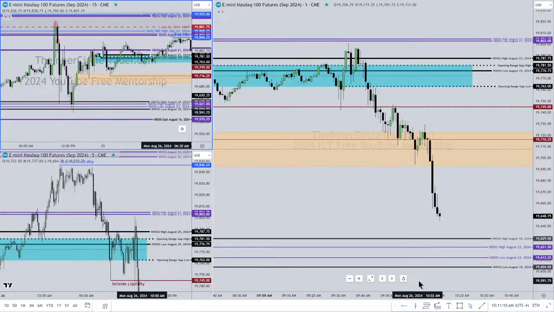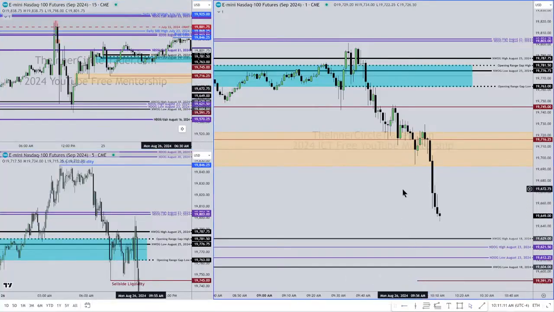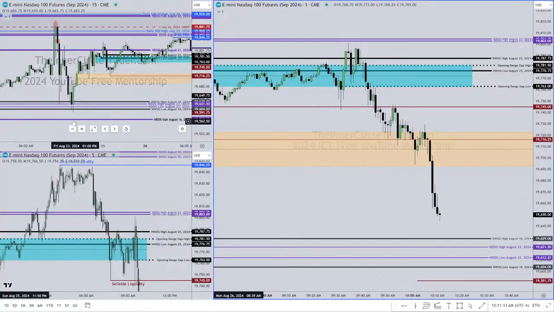That's an old low right here. You can see that price in the upper left-hand corner when I put the cursor just underneath it: 19,591.75.